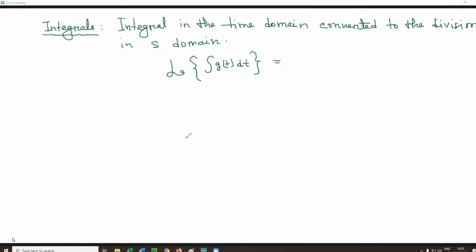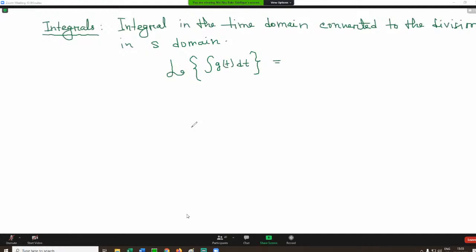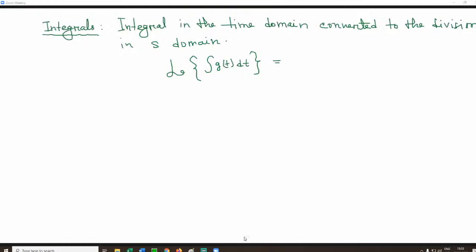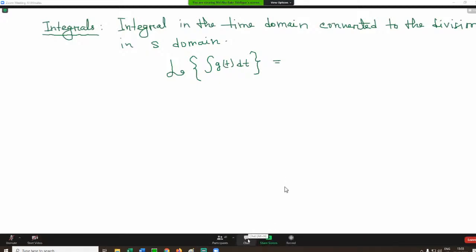Can you say what will be the result? Just look at the prompt, what it says: integral in the time domain is converted to division in the s domain. So what does that mean? Can you translate that to an equation?